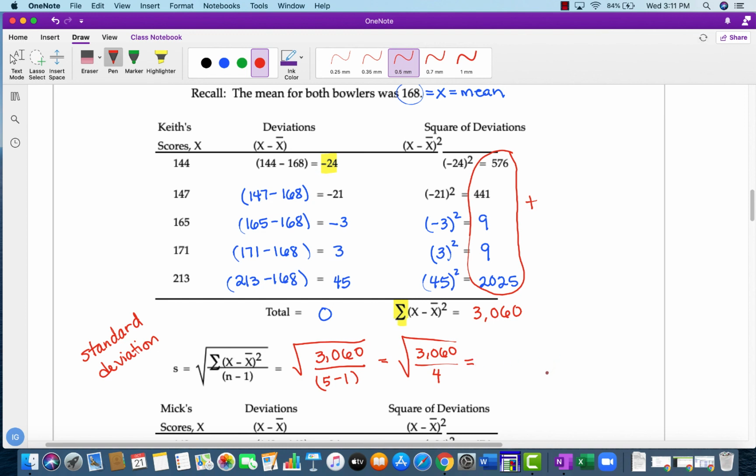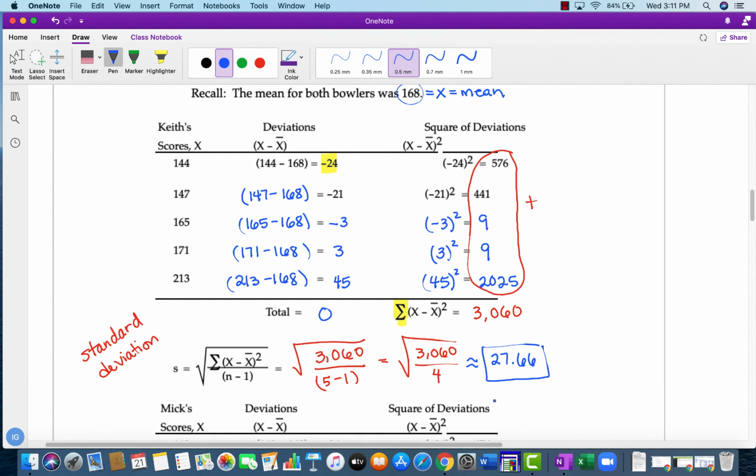Divide that and take the square root on your calculator. We are going to get a decimal. So it looks like we're going to approximate. We're going to have to round to the second decimal here. So I have 27.66. That's my standard deviation, okay?